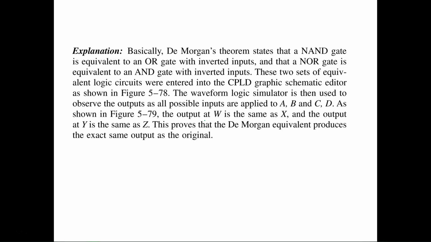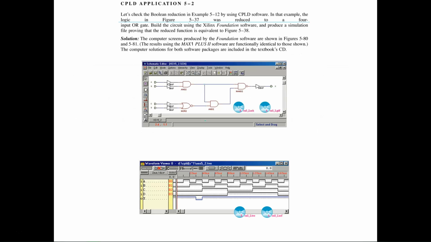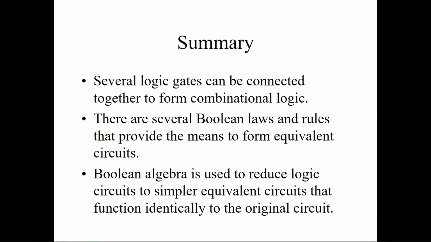So again, this is all De Morgan's theorem. I'm trying not to get too deep on some of this. A lot of this we'll be working on in class itself.